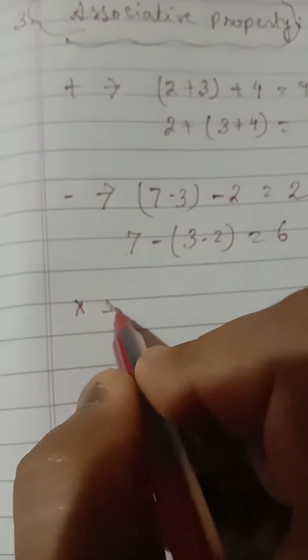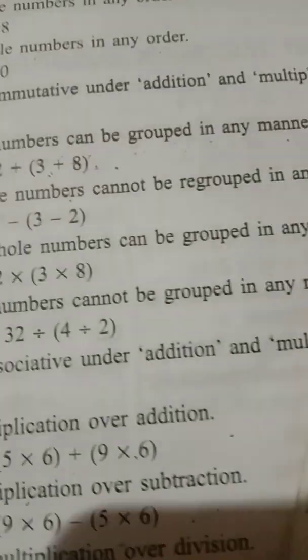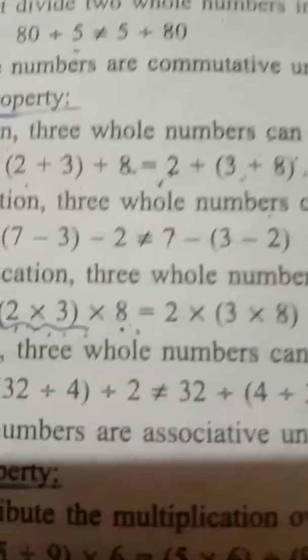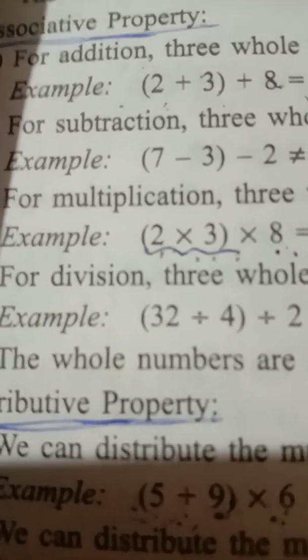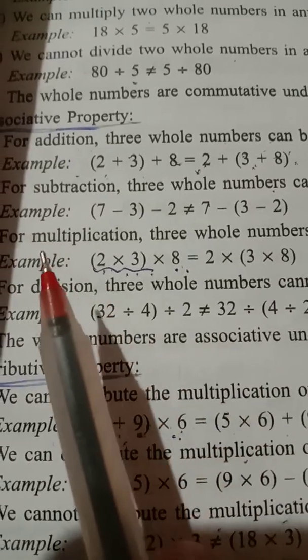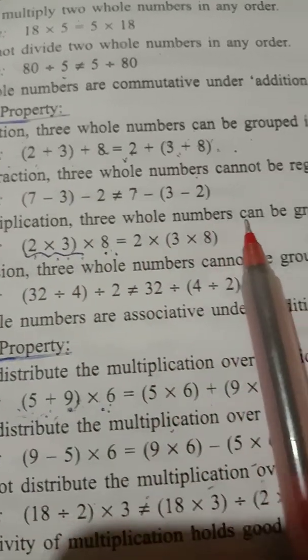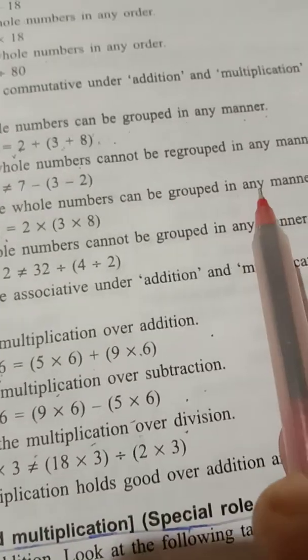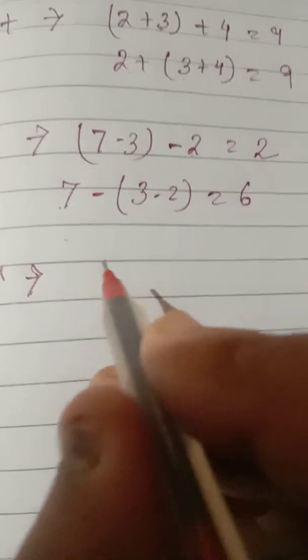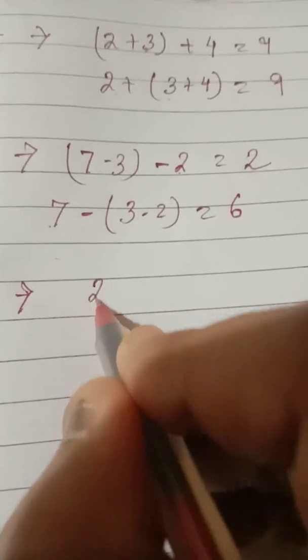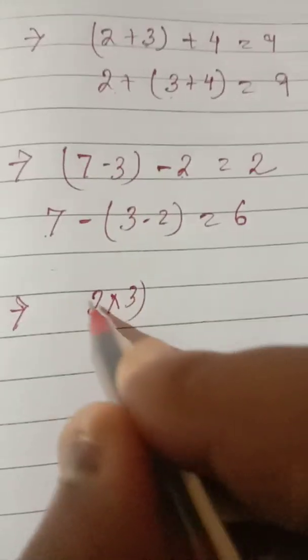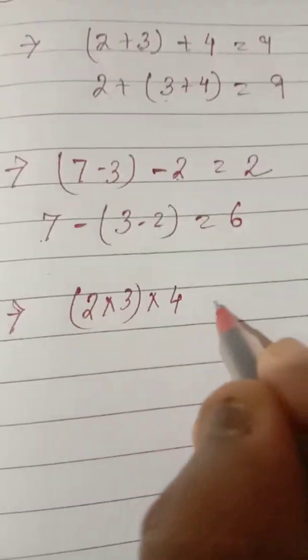In case of multiplication, whether it is applicable or not. For multiplication, 3 whole numbers can be grouped in any manner. We will adjust the same way: 2 multiply 3 multiply 4.